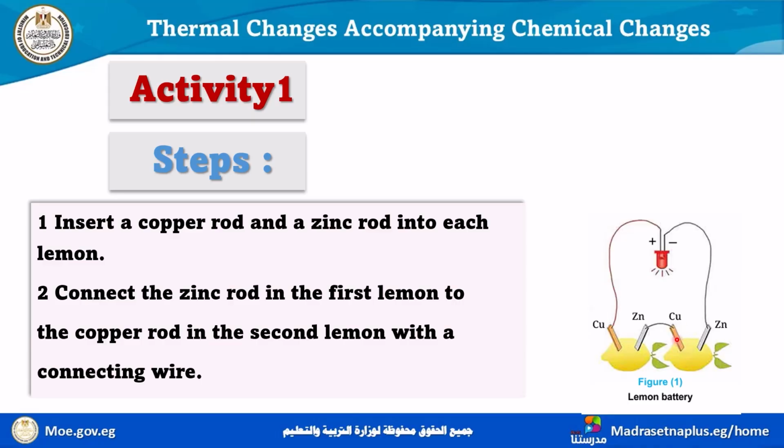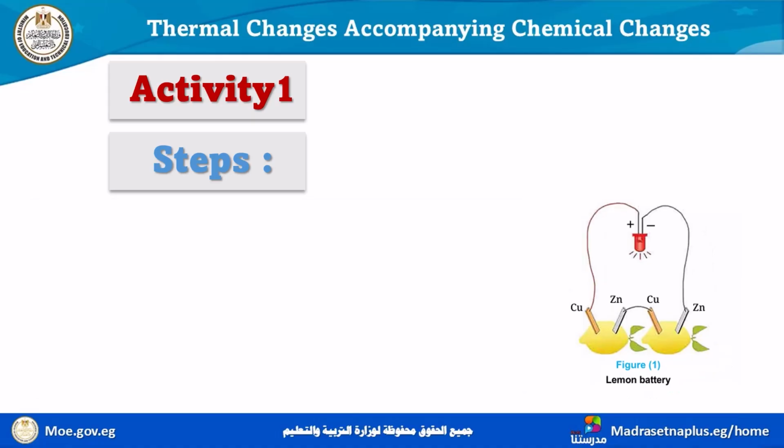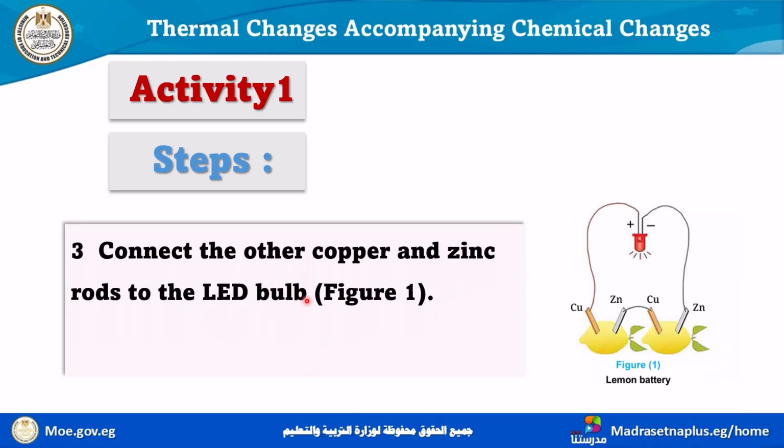The second step: we will connect the copper rod of the first lemon to the zinc rod of the second lemon with a connecting wire, like here in our figure. Our third step: connect the other copper and zinc rods to the LED bulb as here in the figure.